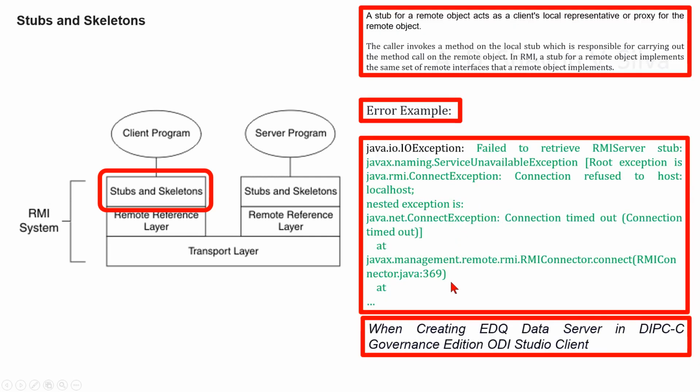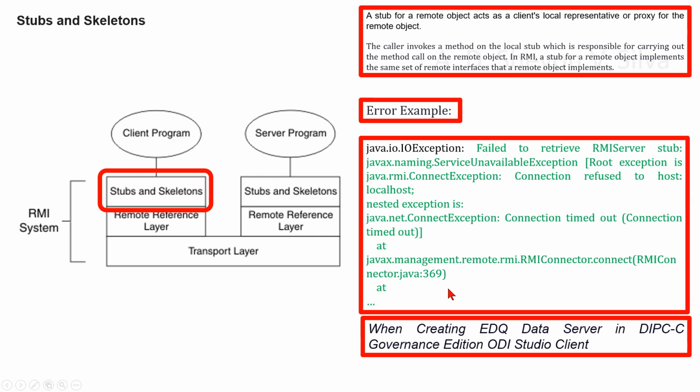As an error example, we can consider this error. It was occurring when creating the EDQ data server in the DIPCC Governance Edition ODI Studio client. Failed to retrieve RMI server stub. javax.naming.ServiceUnavailableException. Root exception is java.rmi.ConnectException.